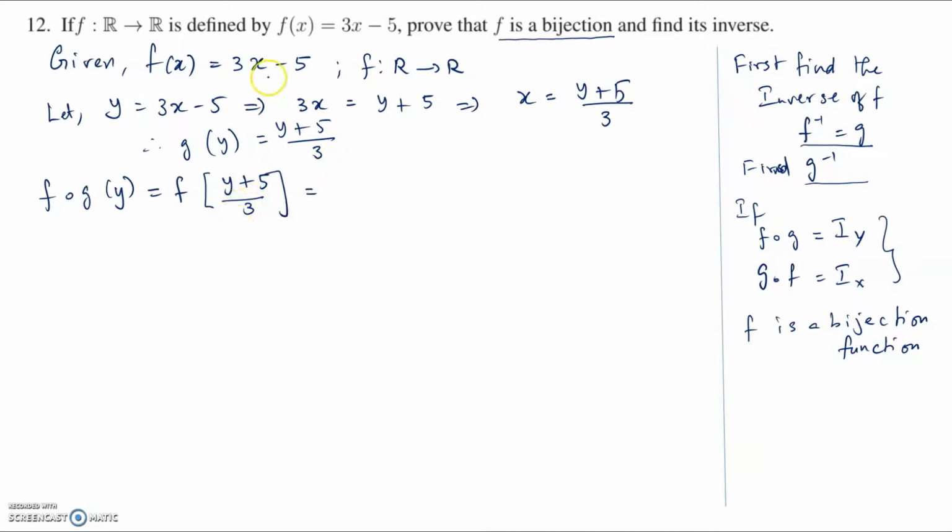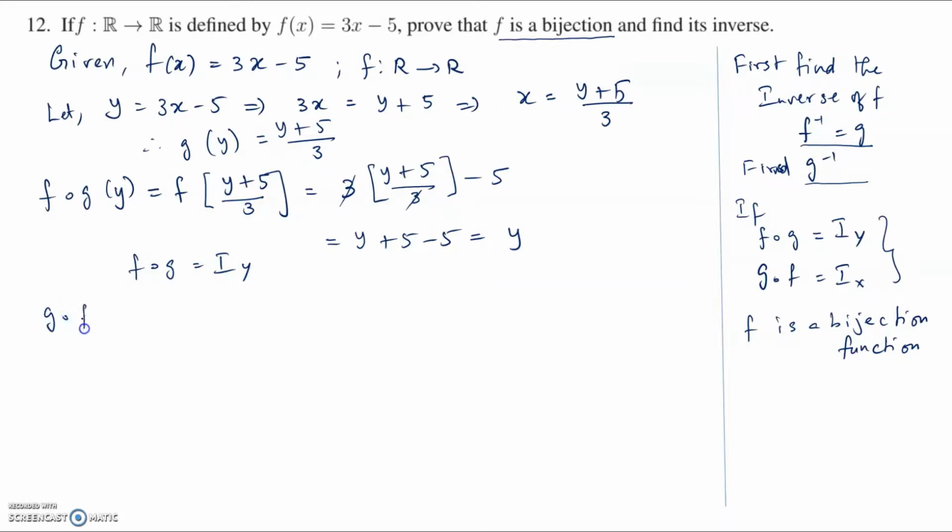That's now equal to f of y plus 5 divided by 3. So let's substitute this in f of x. So this is 3 times y plus 5 divided by 3 minus 5. So here 3 and 3 will be cancelled. So you're left with y plus 5 minus 5, which is equal to y. So we can clearly see that f of g is the identity function with y.